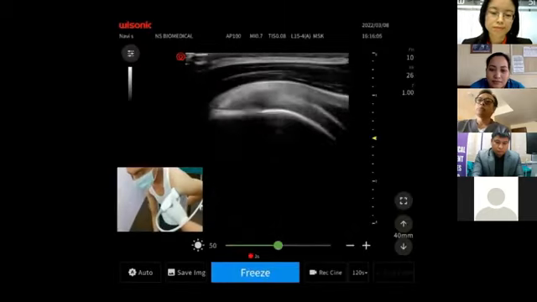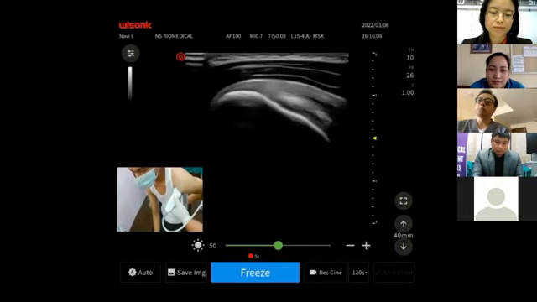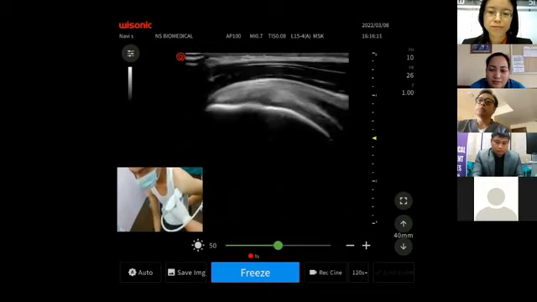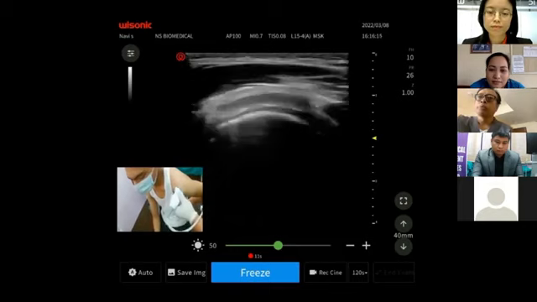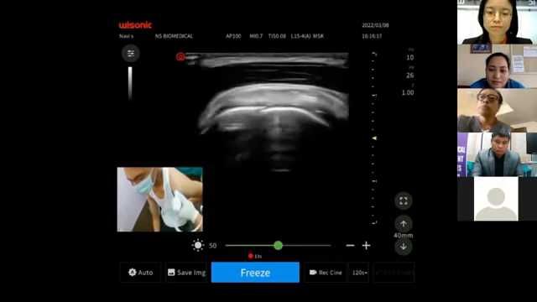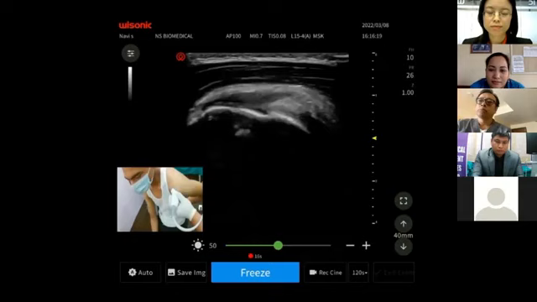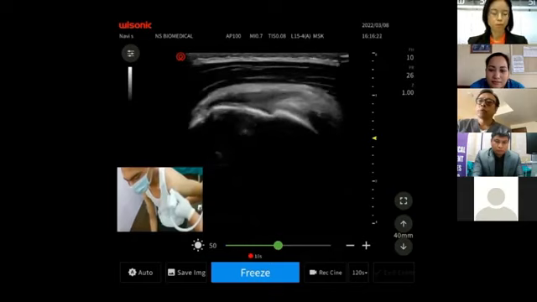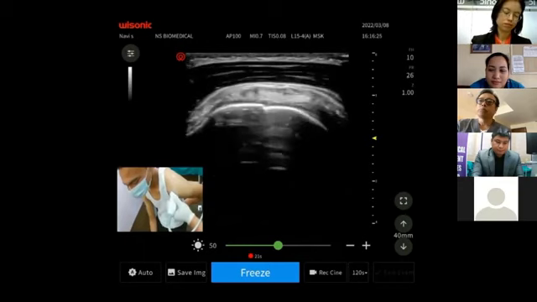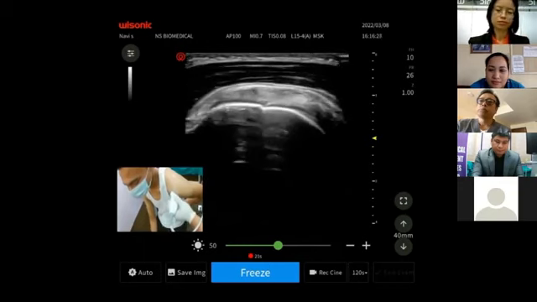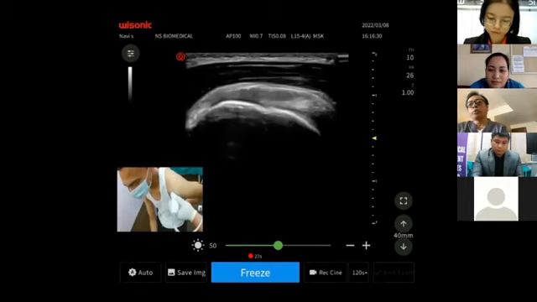One more thing to note is that when we are scanning the supraspinatus muscle along its long axis and we go all the way up to see its insertion to the greater tuberosity, sometimes we may come across some anisotropy like this. If we see an anisotropy like this, we should not jump to a conclusion of pathology. We should always rock our probe to trace whether we can see a normal fibrillar pattern of the supraspinatus tendon.